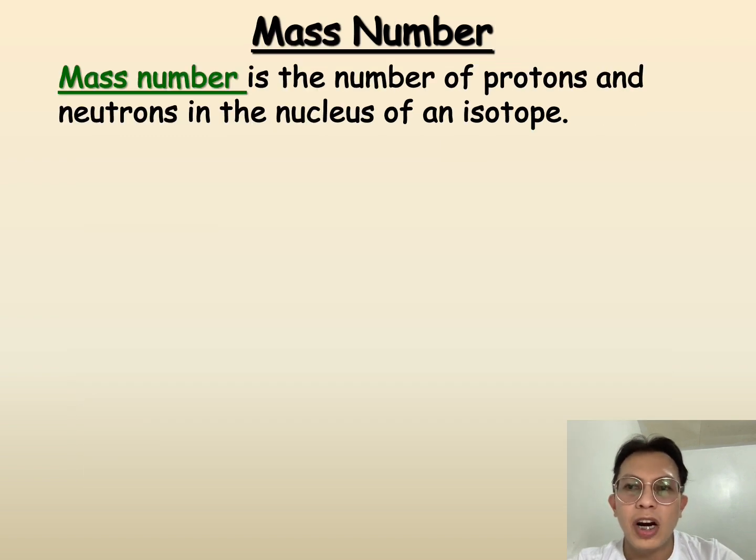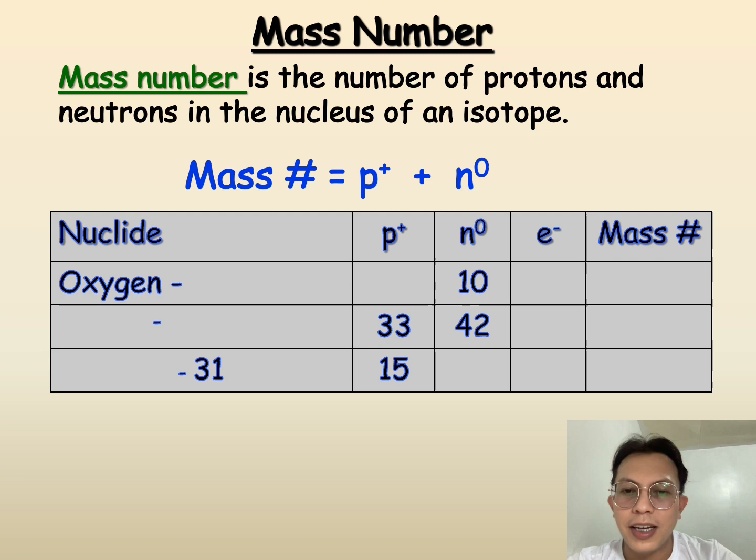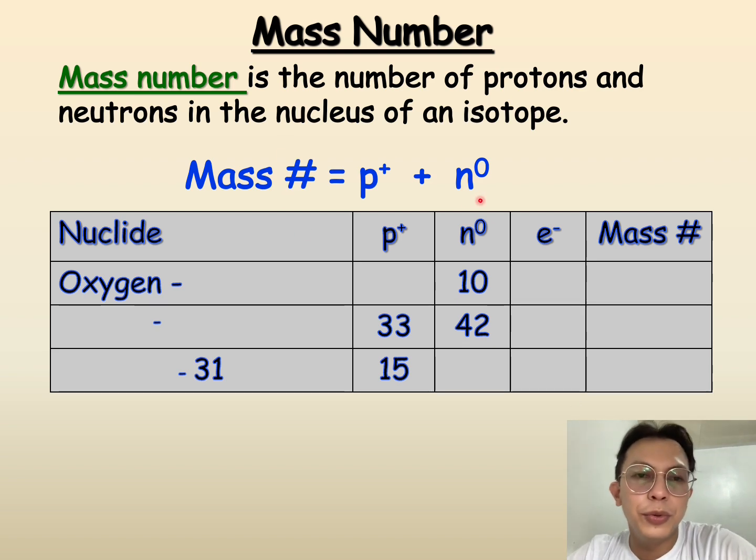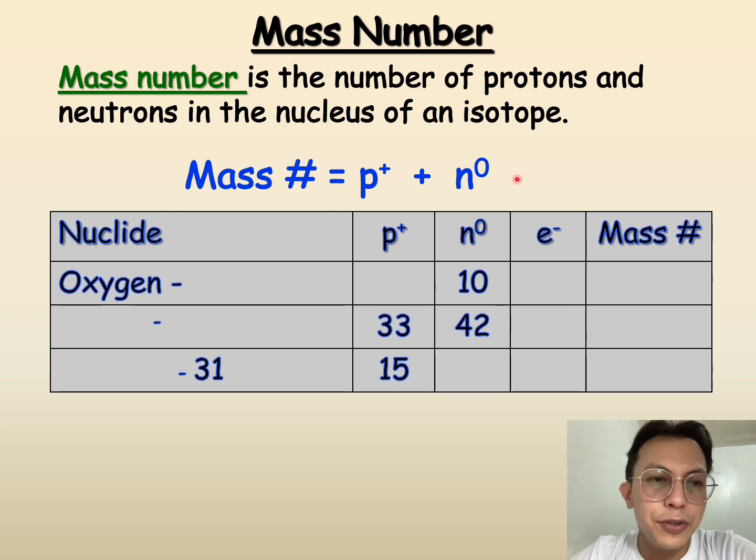Alright, so how about mass numbers? It is the number of protons and neutrons altogether in the nucleus of an isotope. Later on, I am going to give a short discussion about what is an isotope. So you have the formula there. The mass number is equal to the protons plus neutrons. For example, we have oxygen. It has 8 protons.